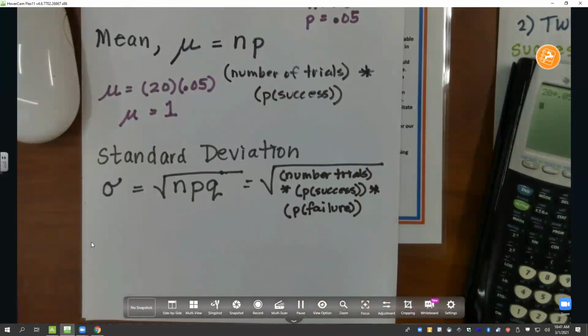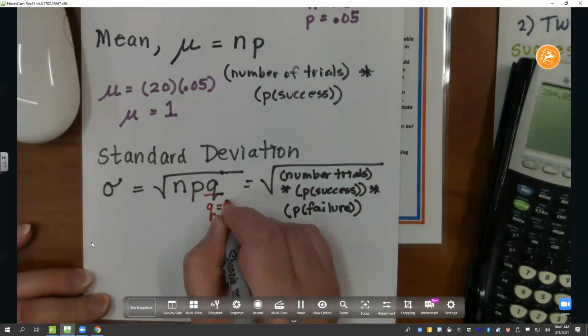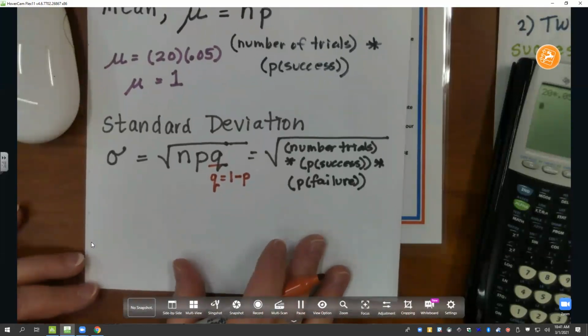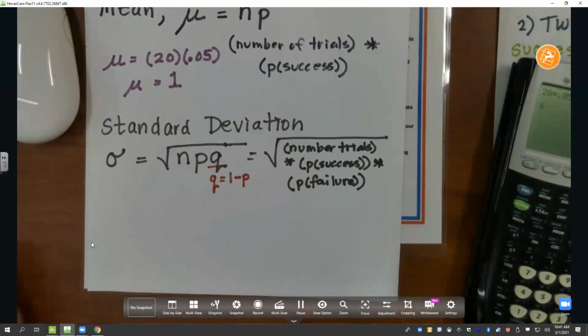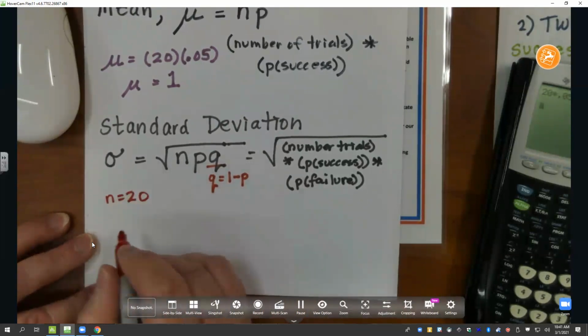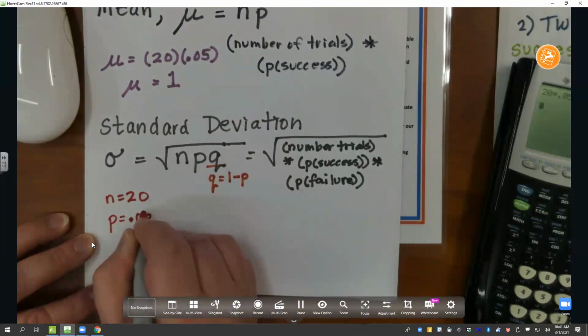Now, again, you may have to calculate Q. Remember, Q is 1 minus P. So again, in the problem that we're considering, we have 20 Americans in our sample. The probability that they're afraid is 0.05.